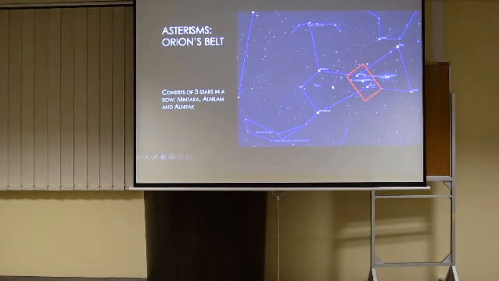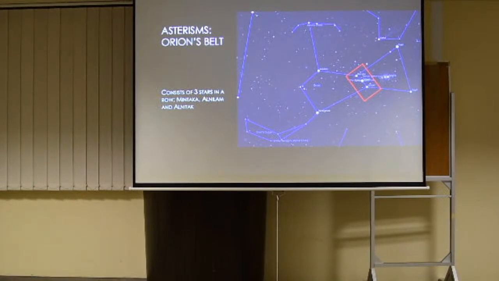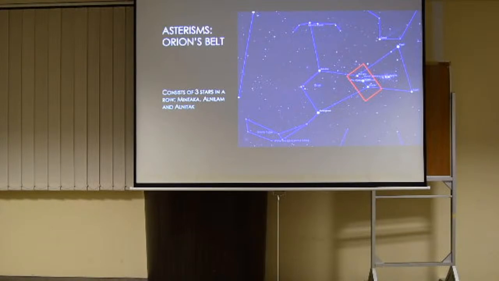The three stars in the middle are actually an asterism. They consist of Mintaka, Alnilam, and Alnitak. Might anyone want to guess what an asterism is? Pick a number from 1 to 20. 1, 2.